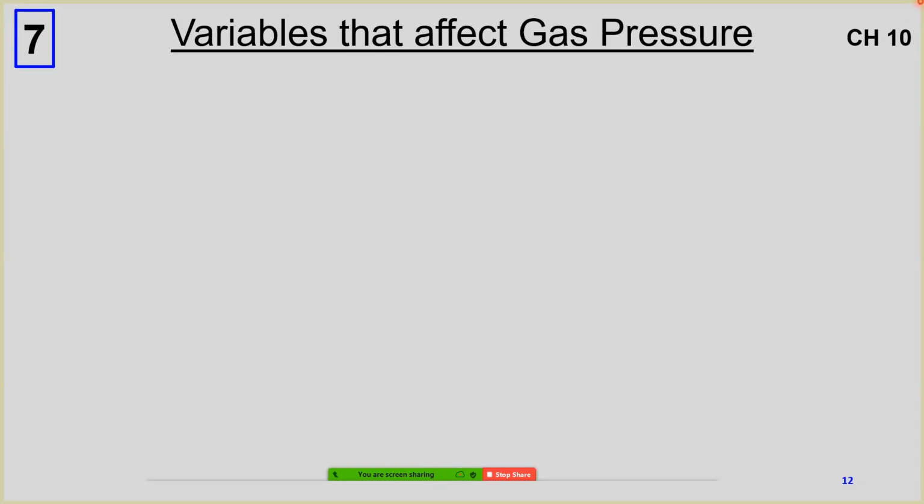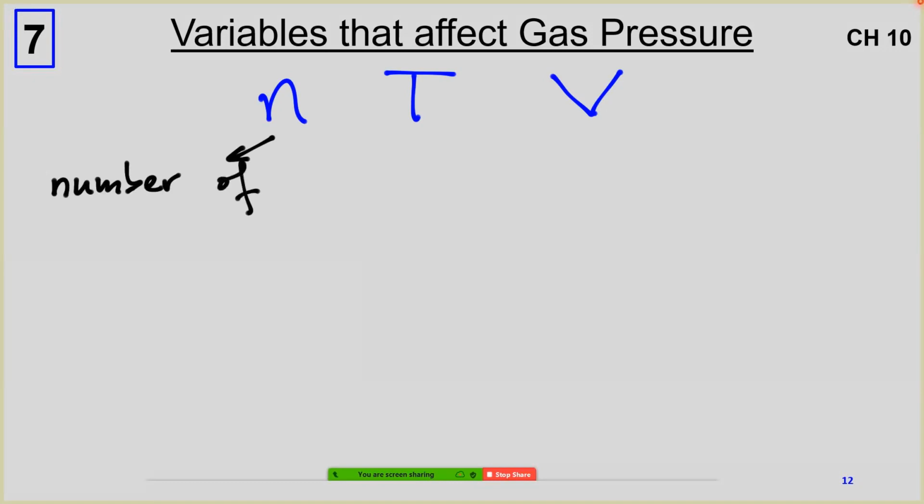We have 3 variables. It's N, T, and V. Okay, so we have N, which is the number of molecules or number of moles.